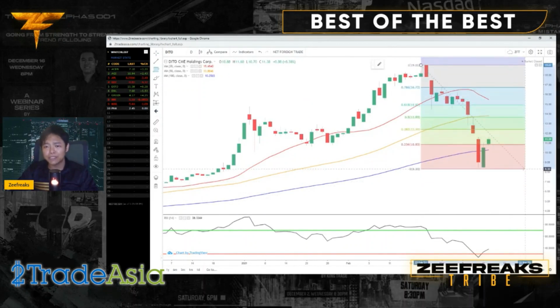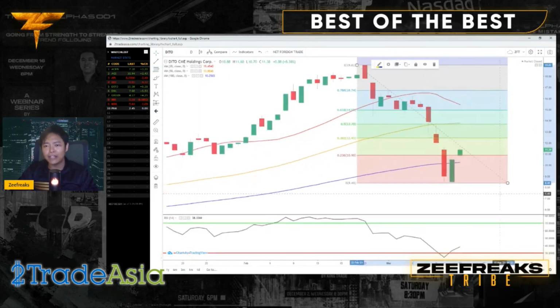So since nag-bounce na siya, pa-plot ko na lang kung ano yung pwede niya pang iakyat. So best case scenario, akyat pa to ng 12.42. If it goes over that, sobrang bonus na. I don't believe it's gonna go to 13 levels or 13.68.